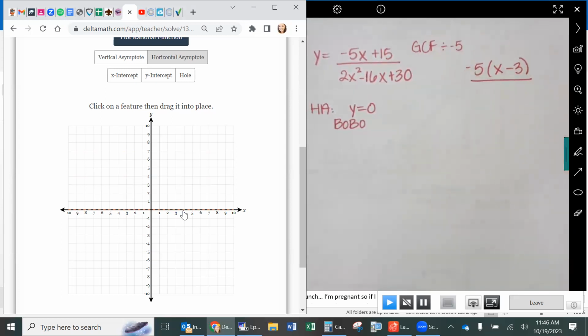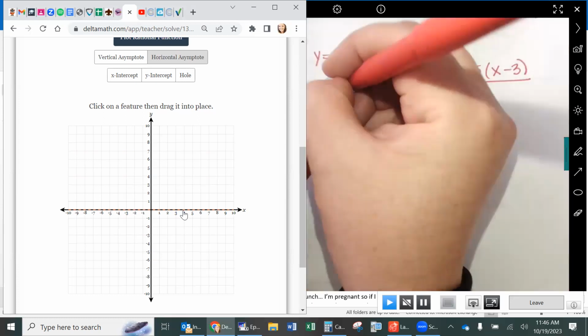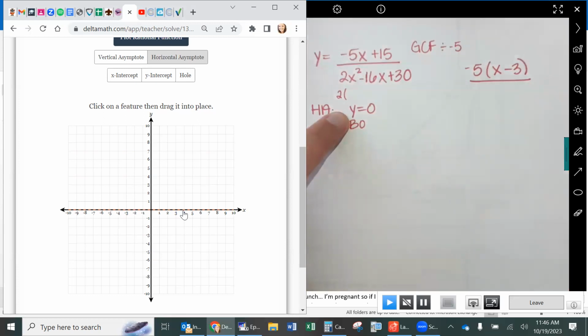Okay, for the bottom, you can T-chart this right now. Why should you not? What can you do first? If there's a GCF, it doesn't matter if it's perfect squares, T-chart, whatever, you GCF first. So if all of those are going to divide by 2, let's do it. So I'm going to take the 2 out. And now what's left over?